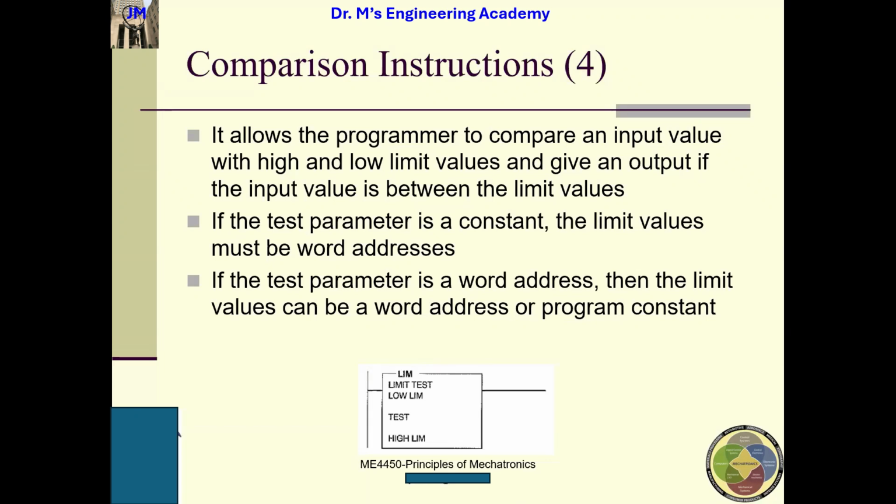If the test parameter is a word address, then the limit value can be a word address or program constant. So for limit, you have a lower limit and a higher limit. This is the test, and you want to test if it is within the limit range of these two. So this one is special.